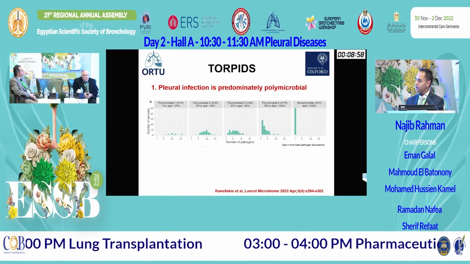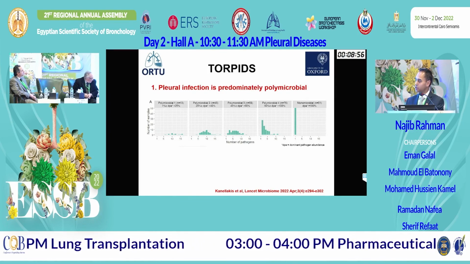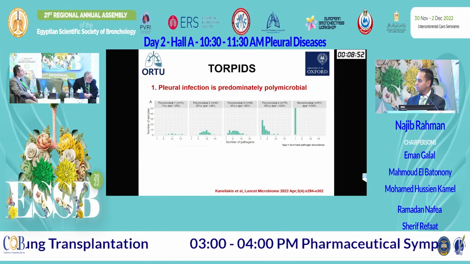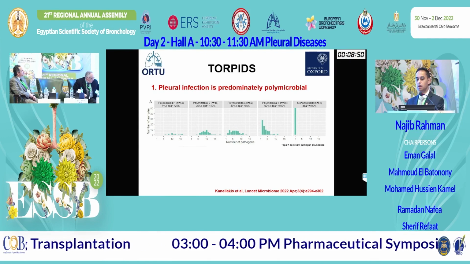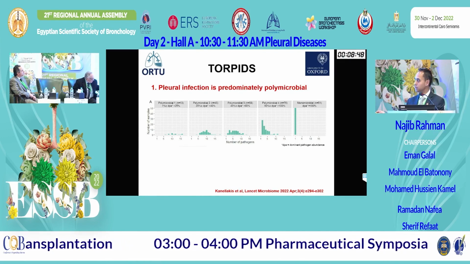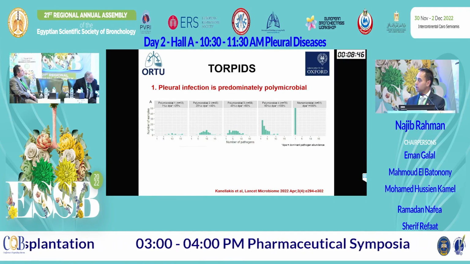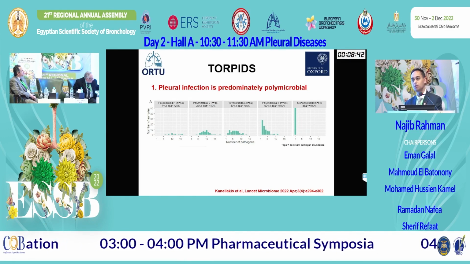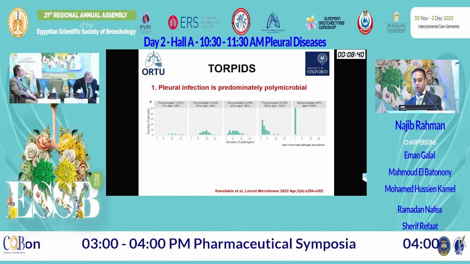The main finding was that pleural infection is a polymicrobial disease. So this was the patients who had a single metagenomic bacteria as the cause. This was 51 out of 243, whereas all the other groups, which is three-quarters, had a polymicrobial bacterial entity.